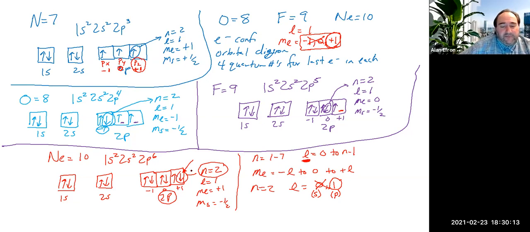Since we're specifically talking about that very last electron, that's how we can derive that the M sub L for that particular electron should be +1. It tells us which orbital that electron is hanging out in. And then obviously, as we've been talking about, that M sub S is -0.5 as it's pointing downward.